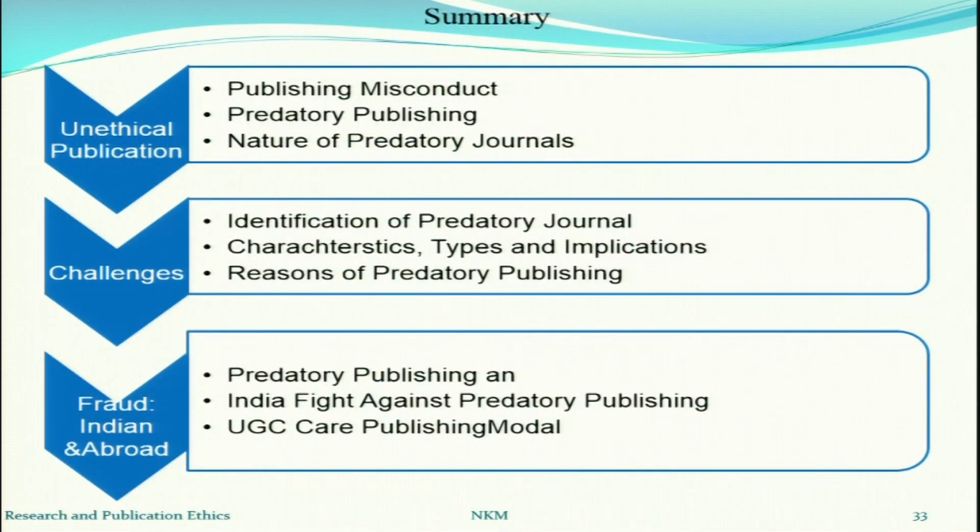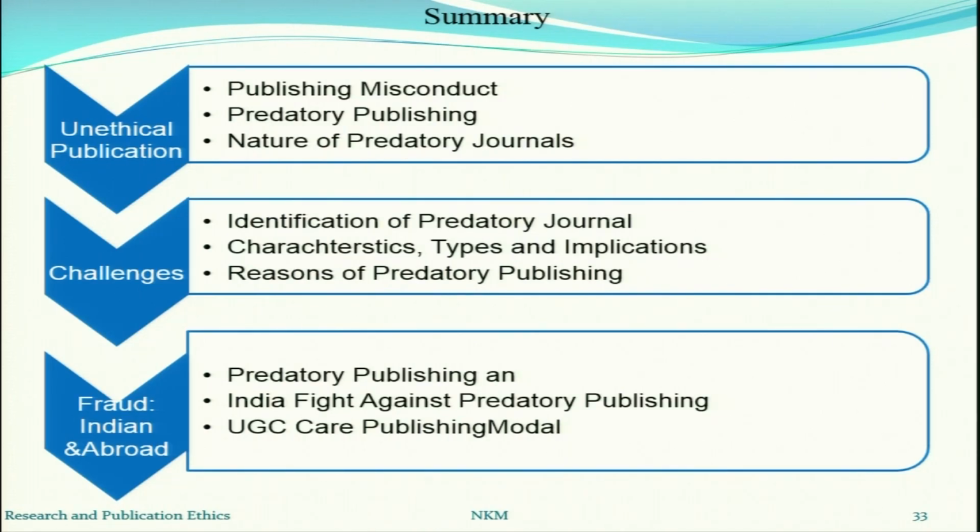So far we have discussed predatory publishing as a serious problem in research and publication practices, in terms of the ethical violations and the kind of misconduct in publication practices. We have discussed unethical publication in this lecture.